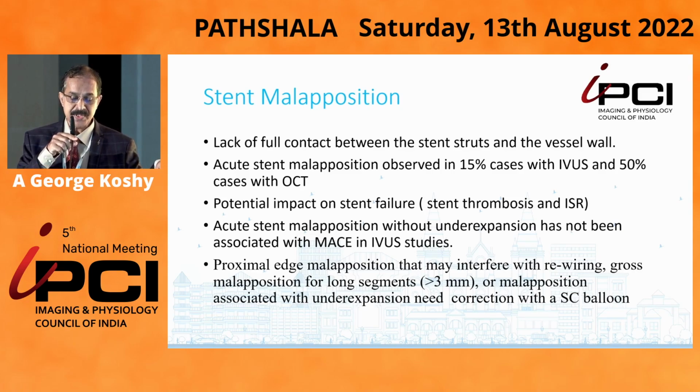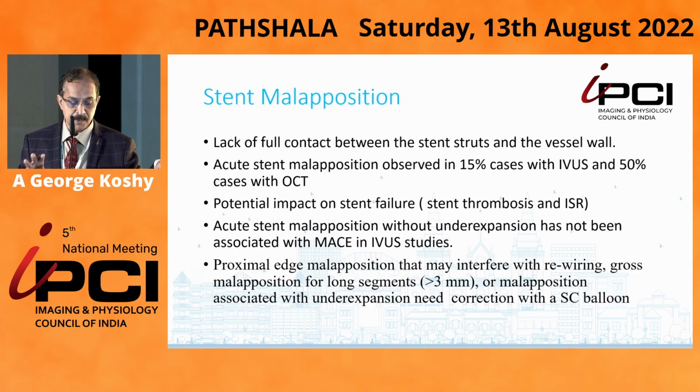It has a potential impact on stent failure, stent thrombosis and in-stent restenosis. Acute stent malapposition without under-expansion has not been seen to be associated with MACE in the IVUS studies. It's a little controversial whether it's important or not. Proximal edge malapposition may interfere with the rewiring because the wire can go abluminal.